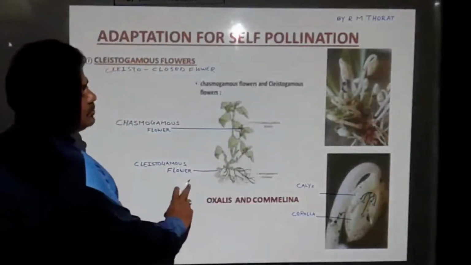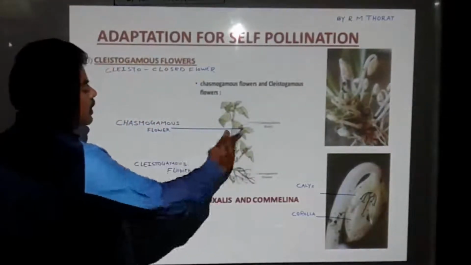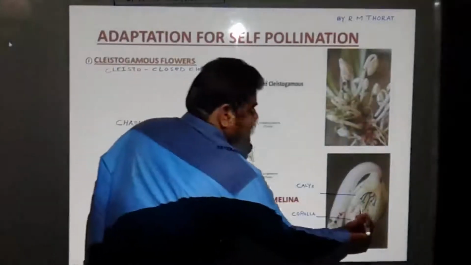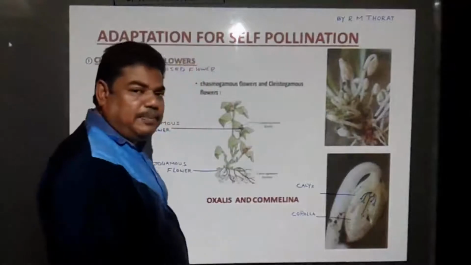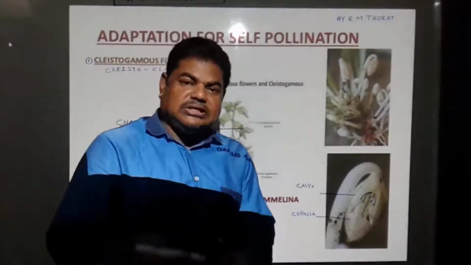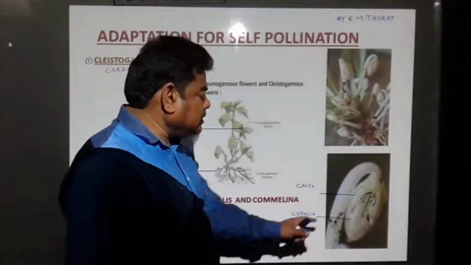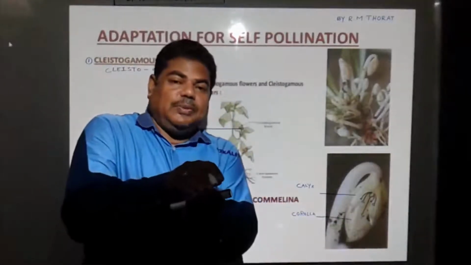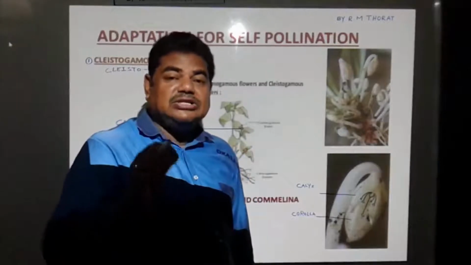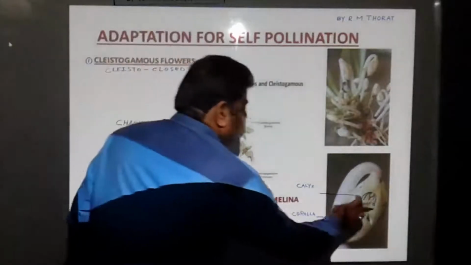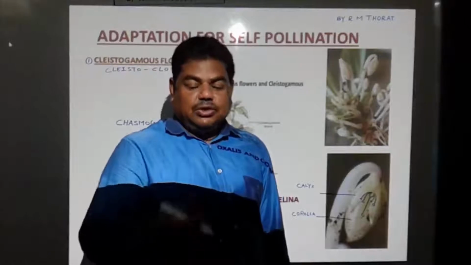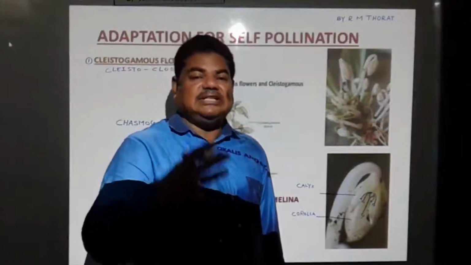In the cleistogamous flower, the maturity period of androecium and gynoecium is the same, due to which pollination is carried out inside the closed petal, and self-pollination is the rule. This self-pollination is the rule to gain homozygosity, to maintain their genetic makeup as it is.